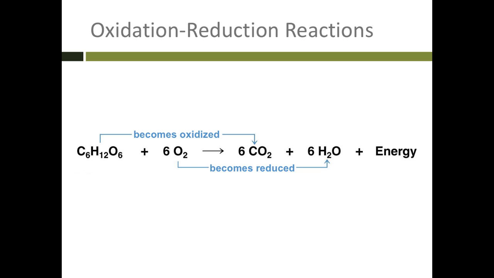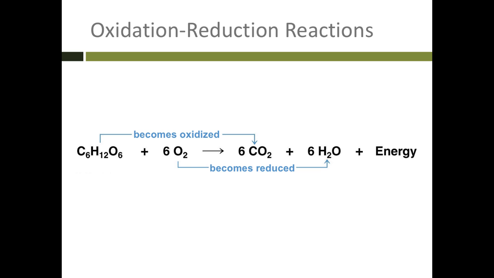This is the overall reaction for cellular respiration. You have C6H12O6, which is glucose, being added to oxygen gas, which is going to give you CO2 and H2O and energy as your products. So glucose is going to be losing electrons. It gets oxidized to CO2. Oxygen is going to be gaining electrons. It gets reduced to form H2O, or water.